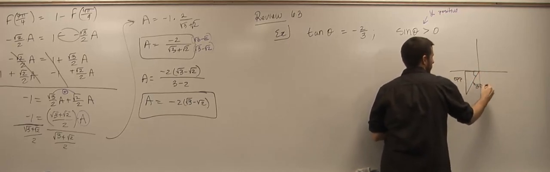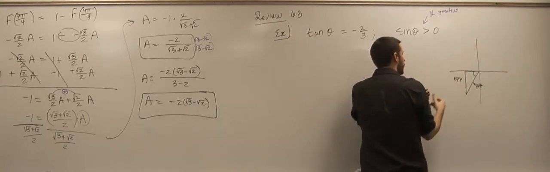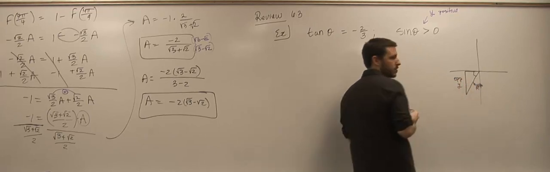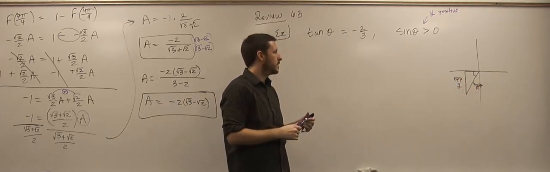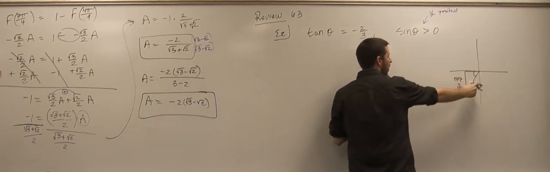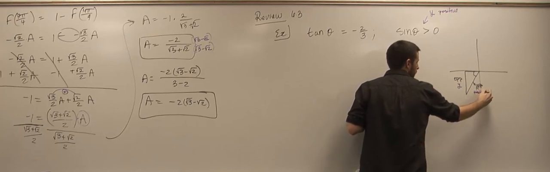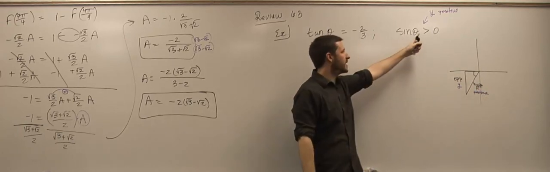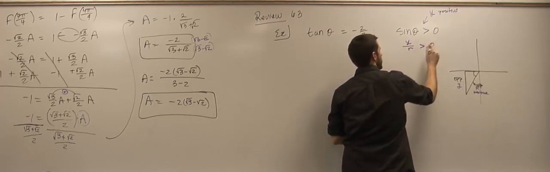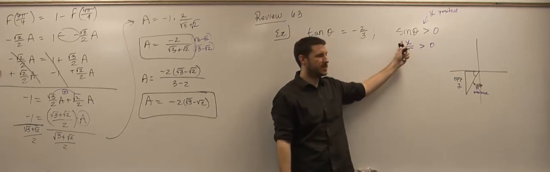But now that we went past 90 degrees, now that we're not always dealing with a right triangle, we use y over r. Now what this is saying is that because r is always positive, the only way that y over r can be positive is if y is also positive.